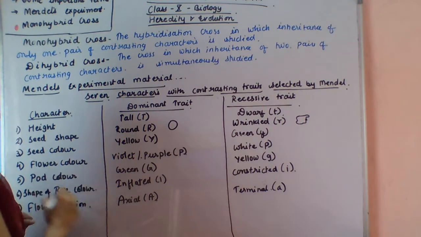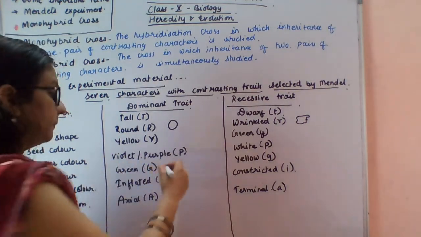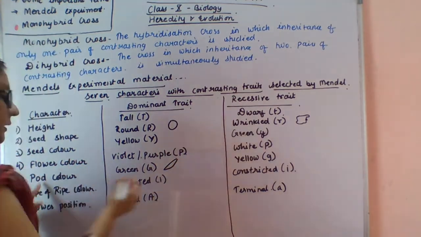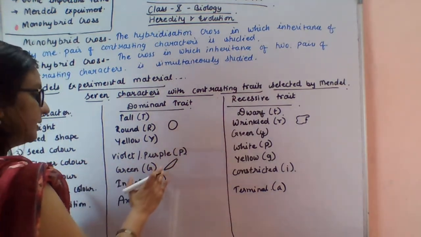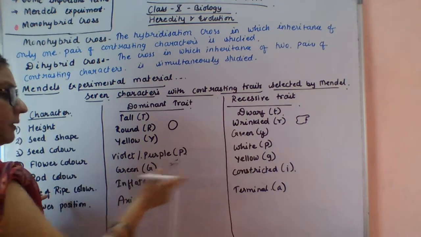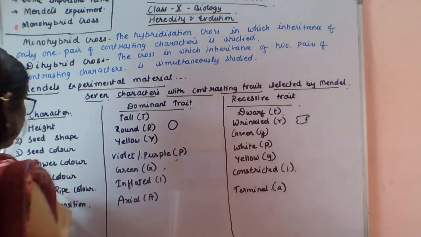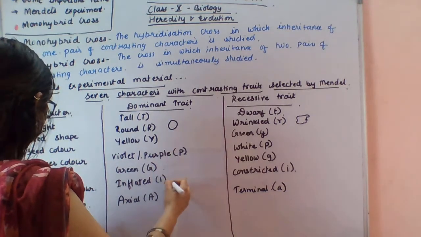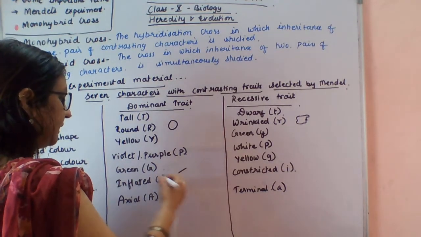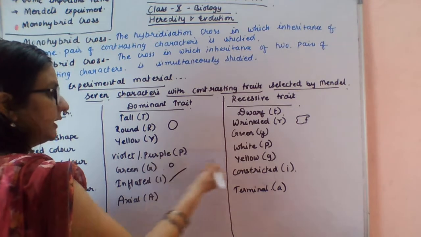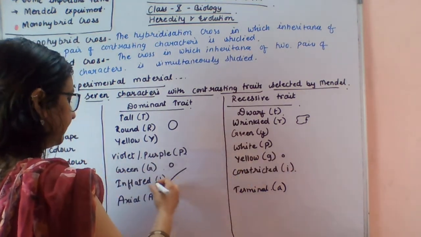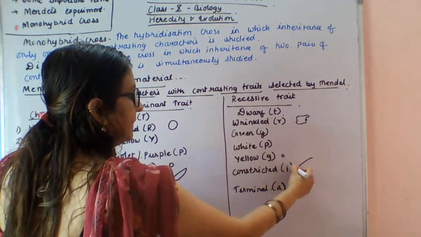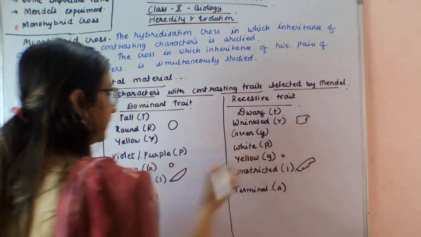Pod color means the covering of the pea plant. Green is dominant and yellow is recessive. Shape of ripe pod: inflated is dominant and constricted is recessive.